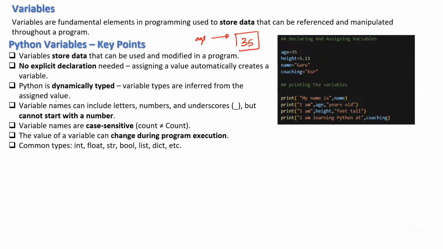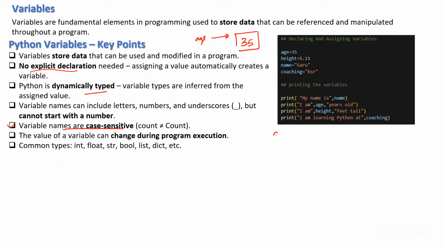As I said, since Python is dynamically typed, no need to explicitly declare these values. It will automatically understand what the values are and what assignment it should do. Also, Python is case sensitive.